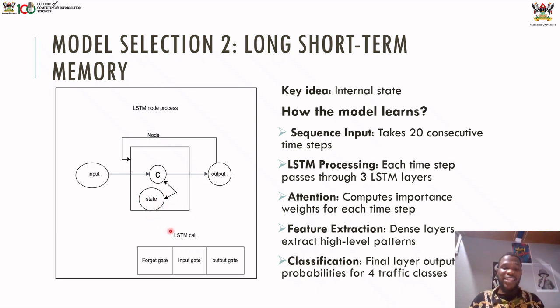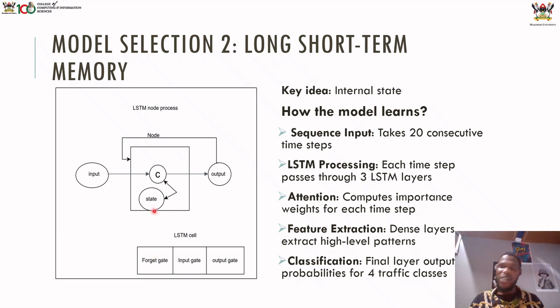So the state is made up of three parts: the forget gate, the input gate, and the output gate. The forget gate says what information is not relevant in the state, what information needs to be forgotten, right? And it keeps relevant information, what information will be useful.